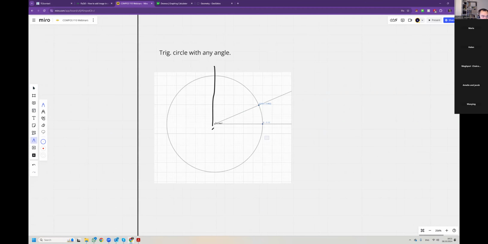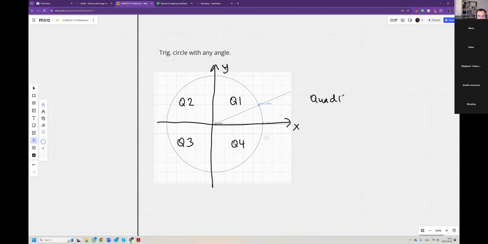So if we draw a vertical line, so this is the y-axis, this is the x-axis, this is quadrant 1, this is quadrant 2, this is quadrant 3. Now let's not do Roman numerals, just quadrant 1, quadrant 2, quadrant 3, and quadrant 4. What's the significance of the quadrants?